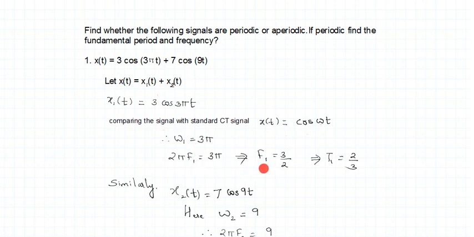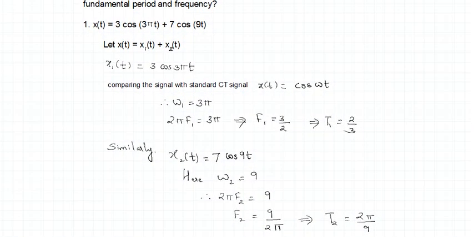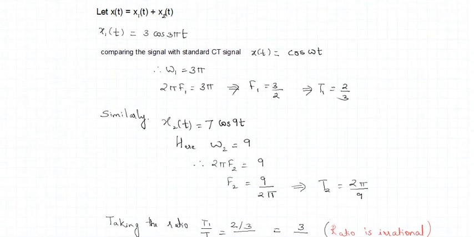Instead of calling it f0, I am using f1 and f2. So f1 comes out to be 3 by 2. Taking the reciprocal, I get the fundamental period T1, which is 2 by 3. This way I have calculated the fundamental frequency and period of x1(t). I'll similarly proceed to obtain f2 and T2 for the second part.